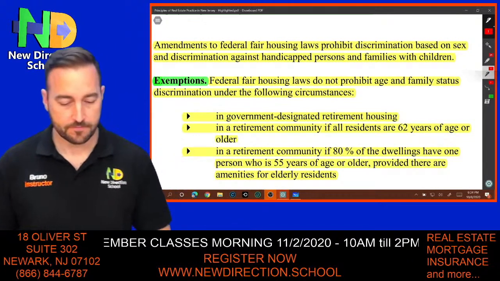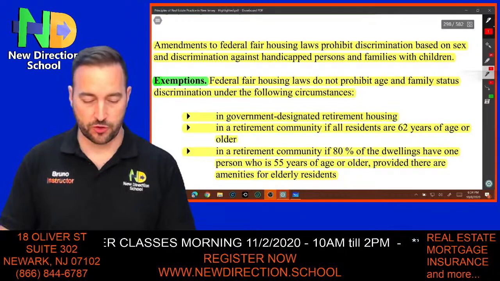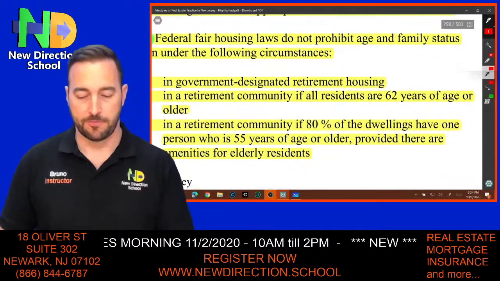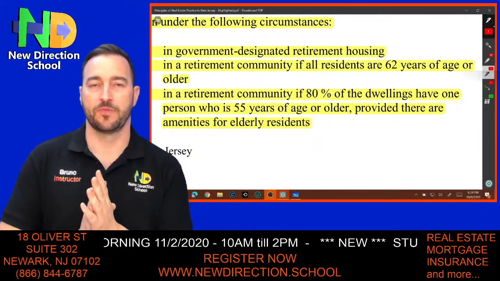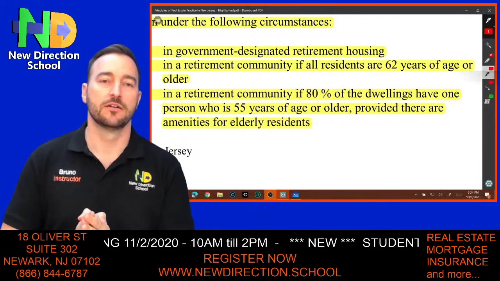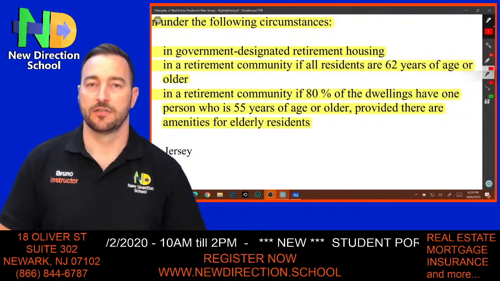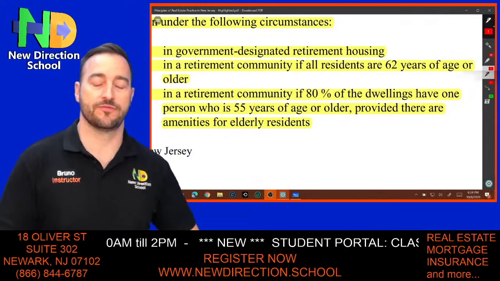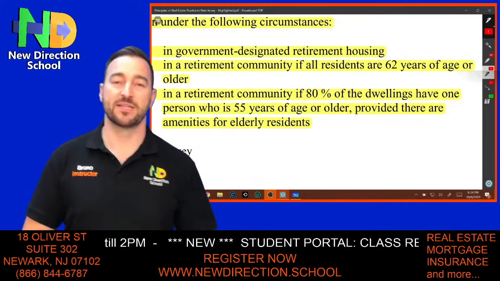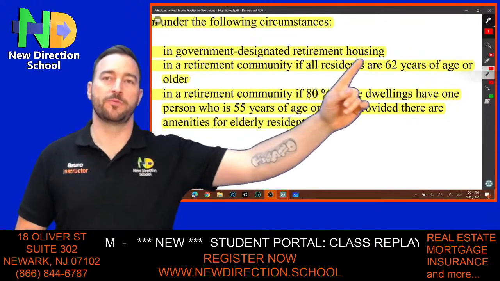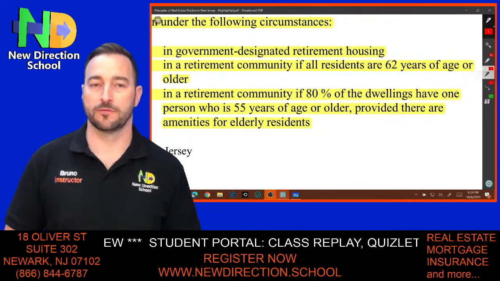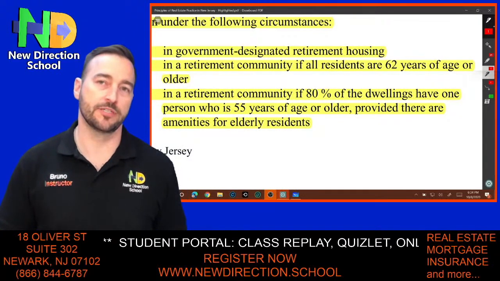Great. Now, there are two types, well, a third with the government designated retirement housing, but in the broad real estate market, there are two types of senior housing that we commonly know. The most common of them is this one, the 55 years of age. Okay? But there's another one, which most people do not know, which is the 62 years of age or older. What is the difference between these two?